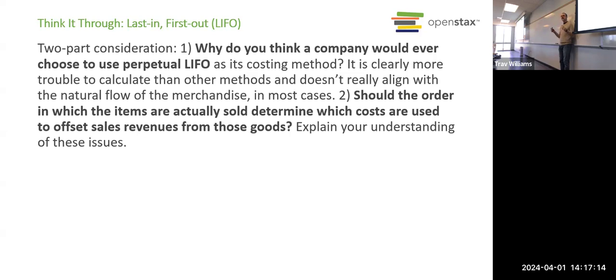If we said that all companies have to use specific identification, you always have to know exactly what lot each unit came out of, that puts a burden on them. How do they track that? If you're getting deliveries from your suppliers all the time and the cost to you is changing, how do you keep track of what lot that particular unit came out of and what the cost would be, right?